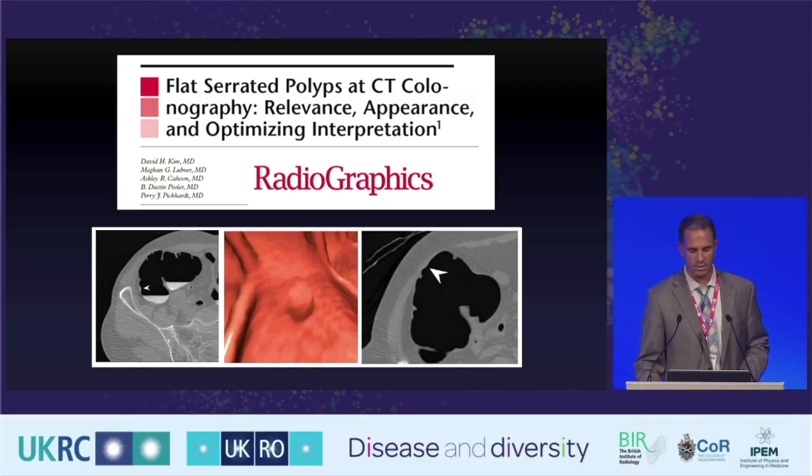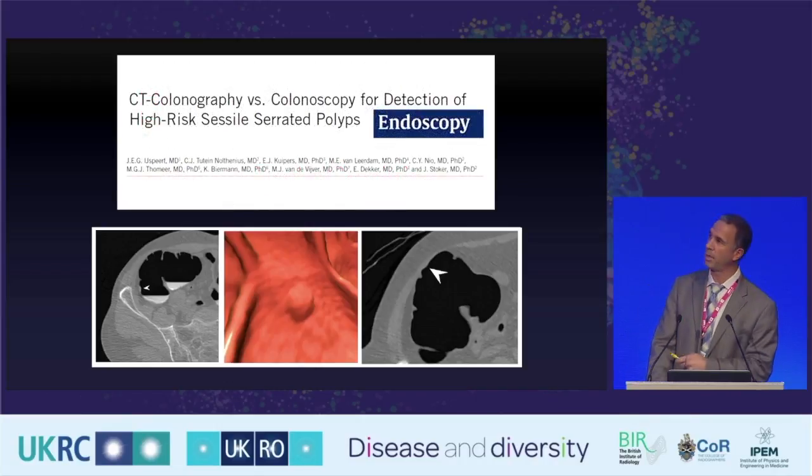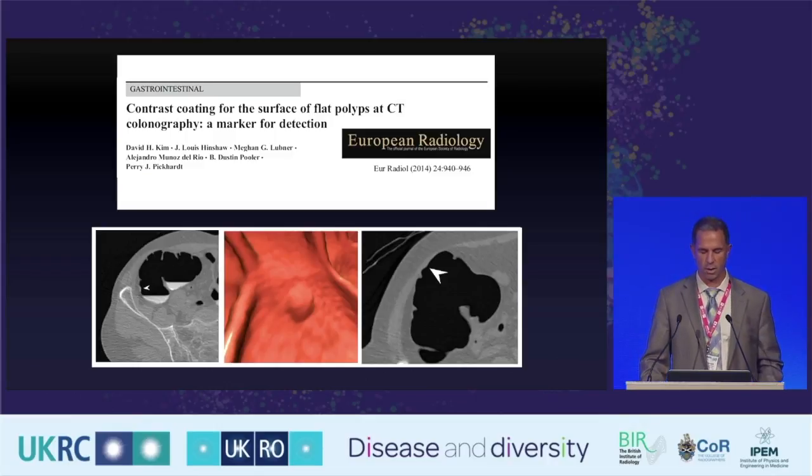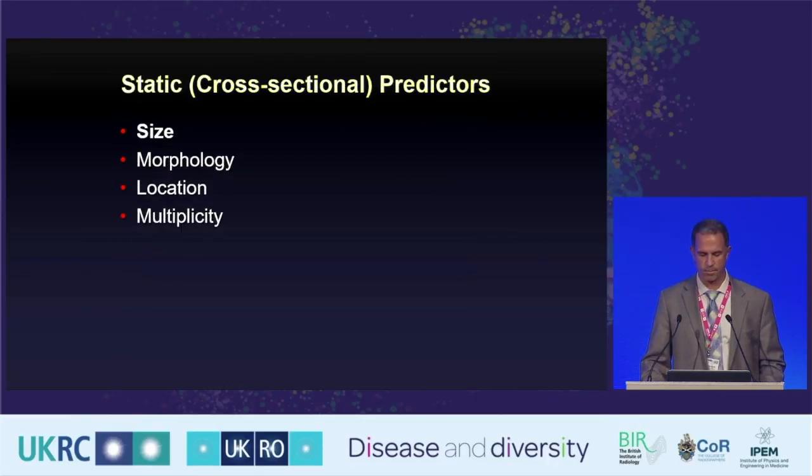On 2D, it's going to be a very difficult detection, and I think most of these will be missed. And that's probably why this Dutch trial didn't fare so well with serrated lesions. They didn't use oral contrast tagging. We've known for a long time that this contrast coat is very useful for flat lesions, even before we knew serrated was an important category, but we've known about this for quite some time.